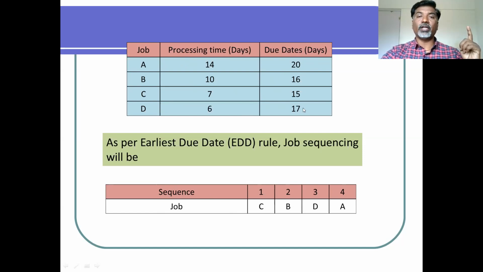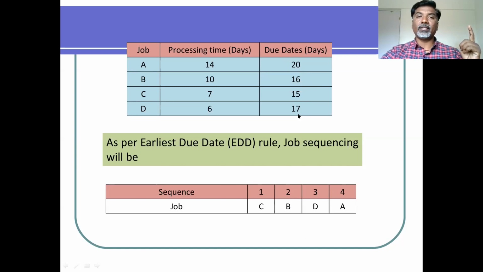The minimum due date is 15, which relates to machine C, so machine C you process first. Then machine B, then machine D, and last machine A.